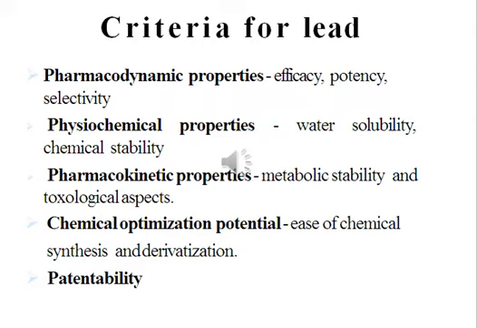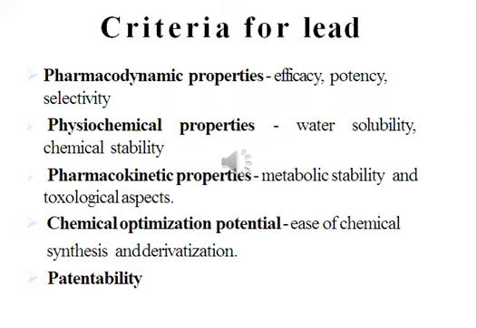Second, it should have optimum physicochemical properties, meaning it should be water soluble and chemically stable. The third important criterion is that it should have optimum pharmacokinetic properties, meaning it should be metabolically stable, should not break down further to form different metabolites, and its toxicological aspects should be studied, meaning its side effects should be minimum and its desired effects should be maximum, right?